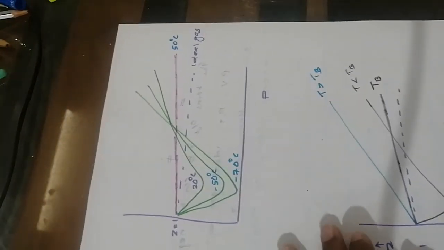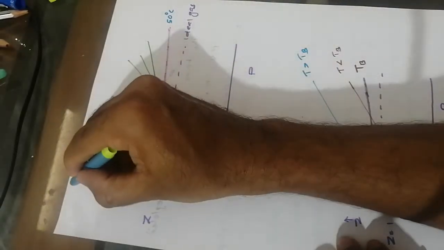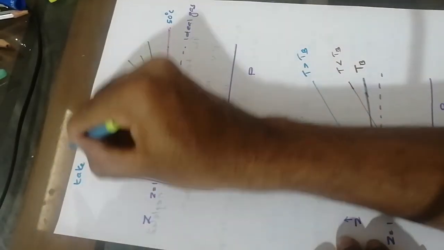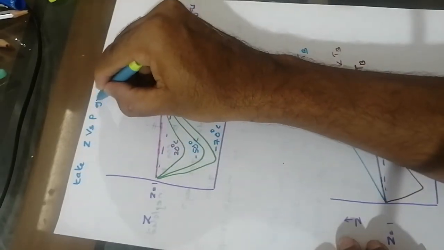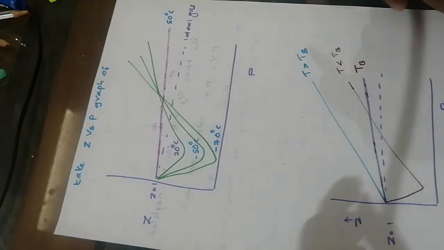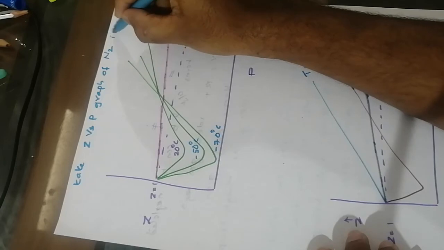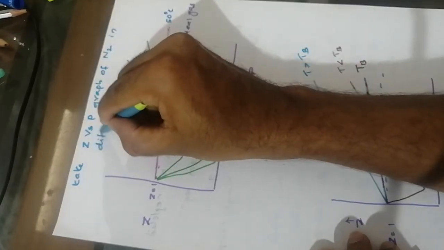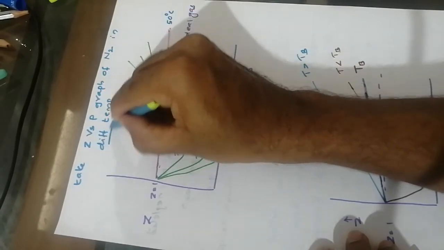Now I go to something deeper. Suppose you take the Z versus P graph of N2 at different temperatures.